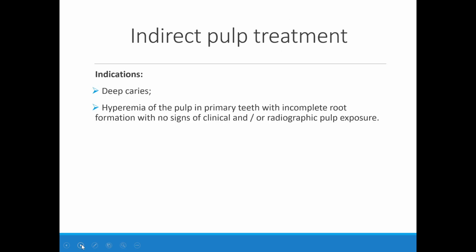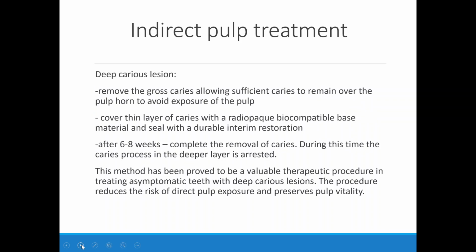Indirect pulp treatment. Indication just 2. Deep caries and hyperemia of the pulp in primary teeth with incomplete root formation with no signs of clinical or radiographic pulp exposure. In deep caries lesion, we remove the gross caries, allowing sufficient caries to remain over the pulp horn to avoid exposure of the pulp.